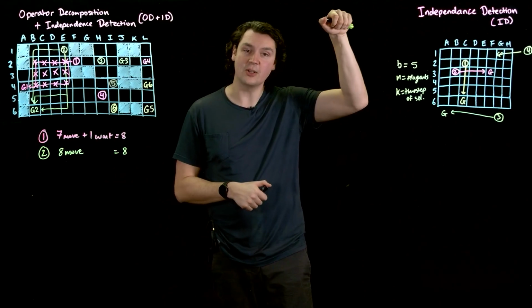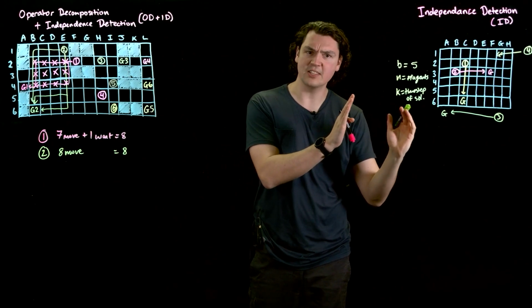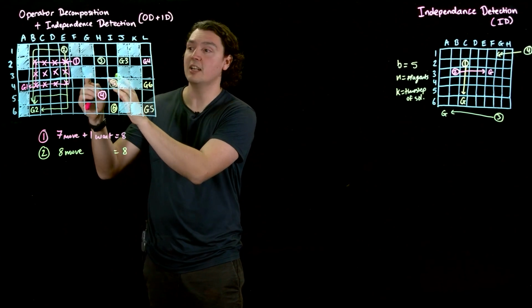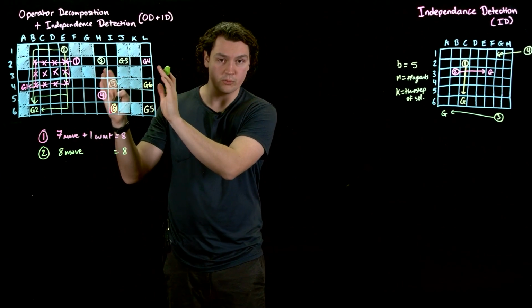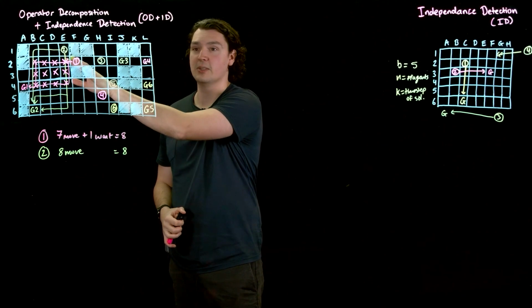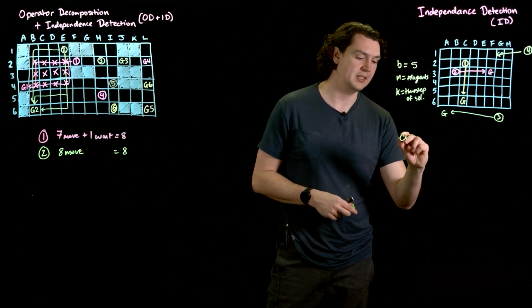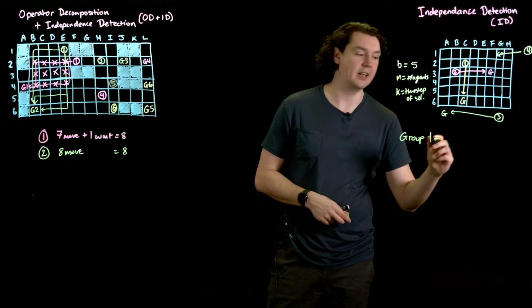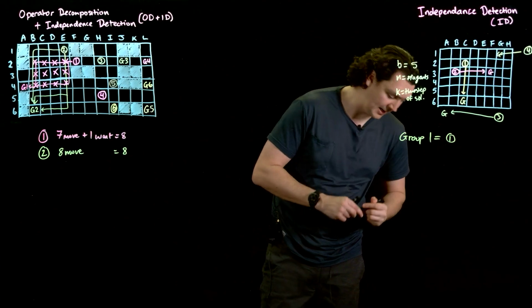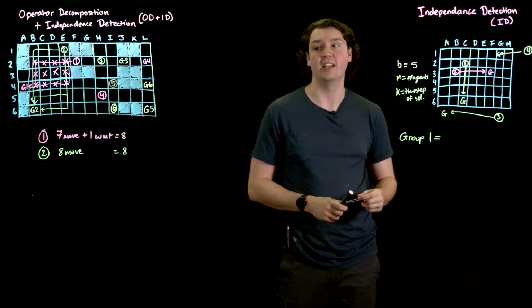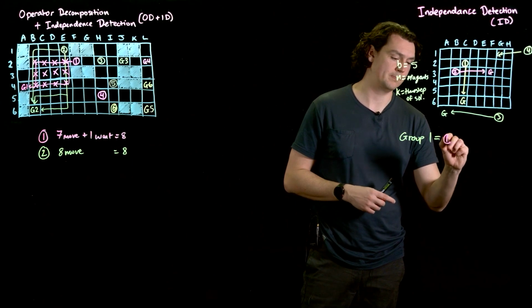But a centralized controller just looking at this little sub-problem off to the left of the board would love to treat these other groups, as we'll talk about in a second, separately. So group 1 is obviously agent 1 and agent 2.